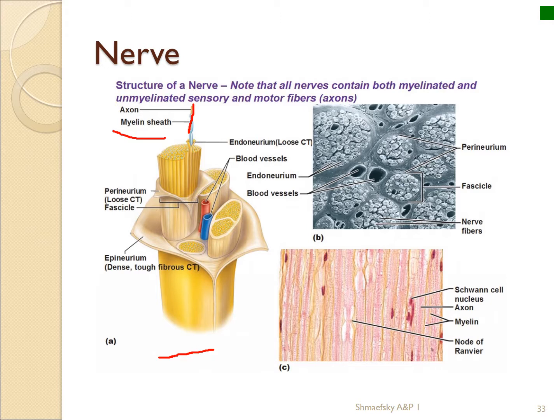And each axon is going to be covered by its own little connective tissue covering called an endoneurium. This is what maintains the chemical environment around an axon, just like we saw for muscle. So the endoneurium is going to wrap around the Schwann cells and the neuron. And then all this bundle here is surrounded by a perineurium.